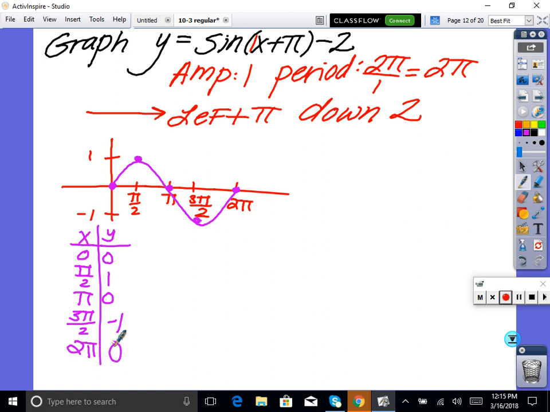Is everybody good? So now in words, let's apply, now we've already done this. Left pi, so that's an x shift. So you go to your x's, and we're going to subtract pi, everybody, right? And then we're going down 2 units. So that would take all these y values and subtract 2 from them all, because that would take it down. Does that make sense?